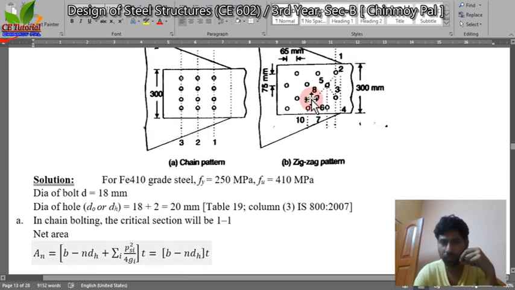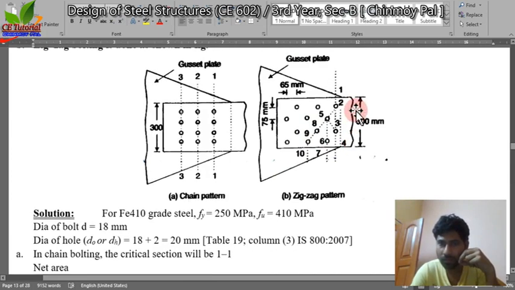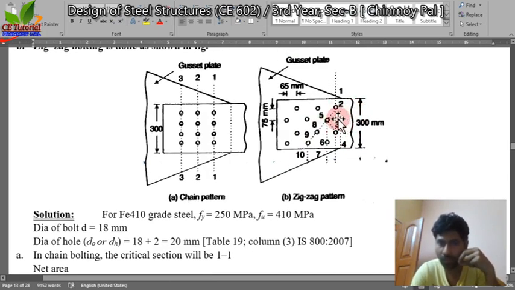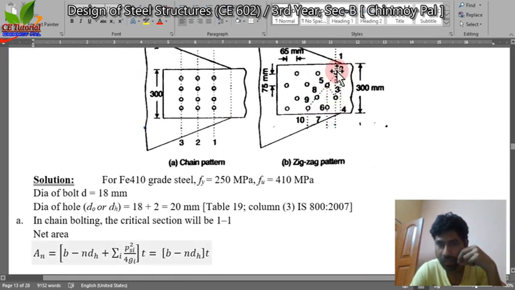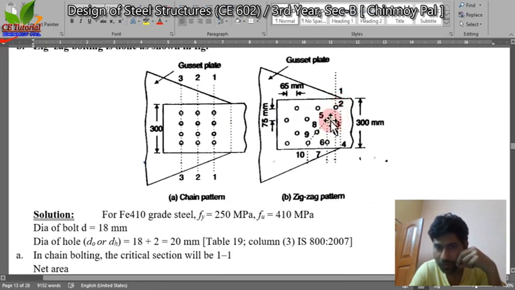And for case 2, the section will fail or tear out along the line 1 2 3 4, or 1 2 5 3 4, or 1 2 5 6, or 1 2 5 8 9 10, etc. Please keep in mind, you don't need to think of it with complexity, because if you create a diagonal line, obviously this is a hypotenuse, and this is the base and this is the opposite.